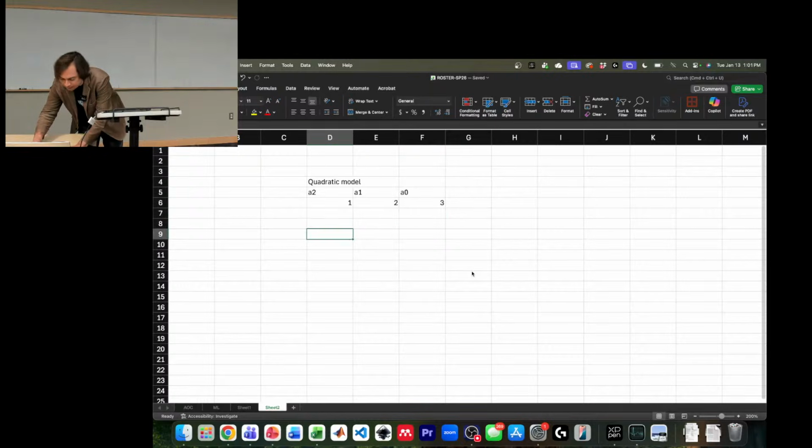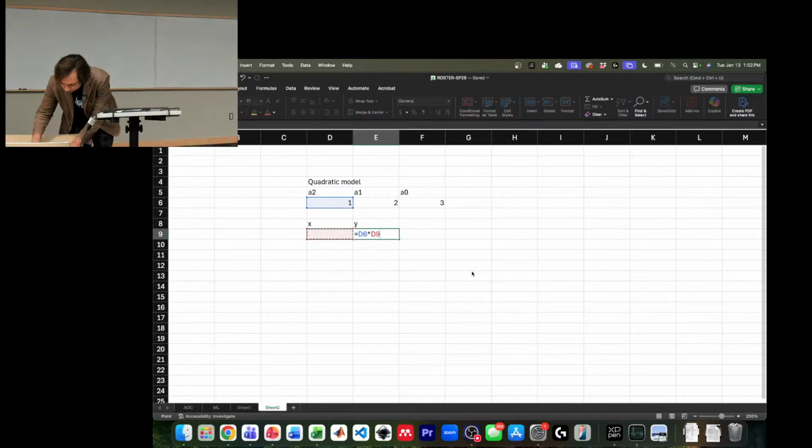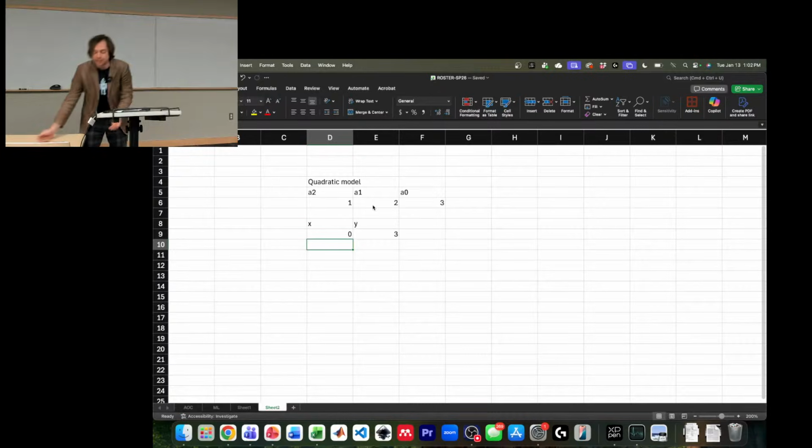So if I have some input x, some data, and I want my y value, it's going to be a2 times x squared, with an absolute reference, plus a1 absolute reference times x, plus a0. Do people still use Excel? Yeah, okay, making sure. It's wonderful. So if x is 0, that's 3.